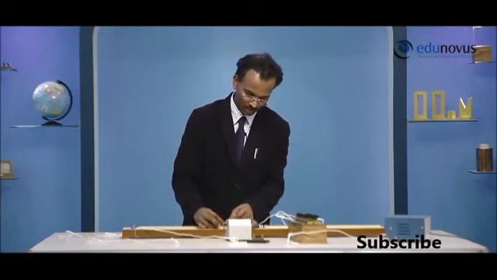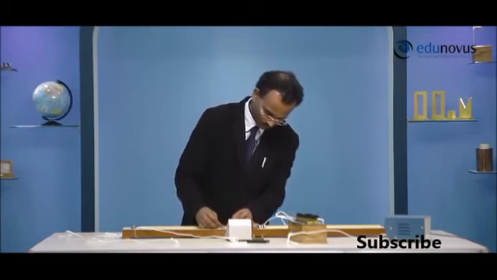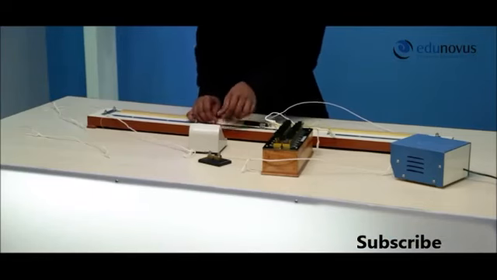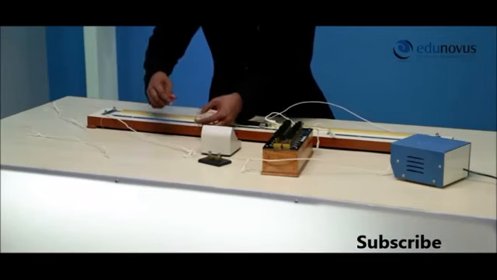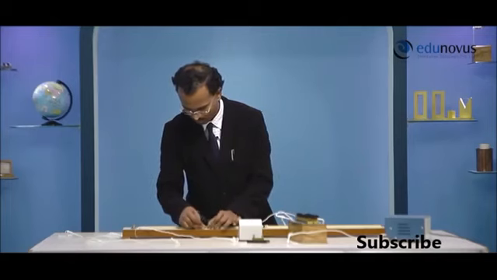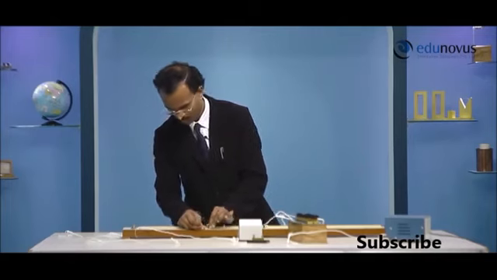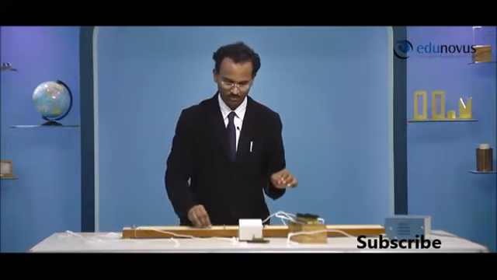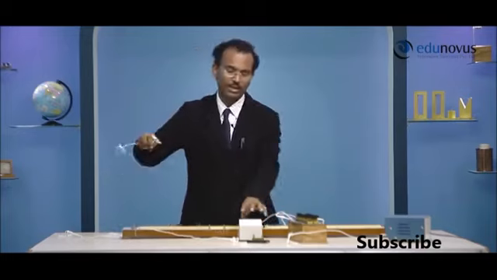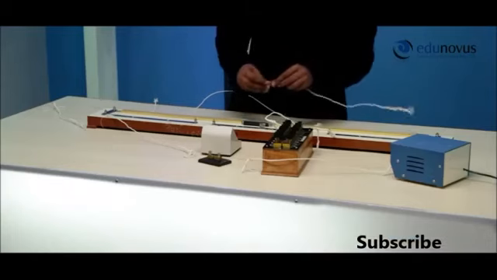So this would form the X. Now to find out the null point, I need to connect the galvanometer to the circuit.